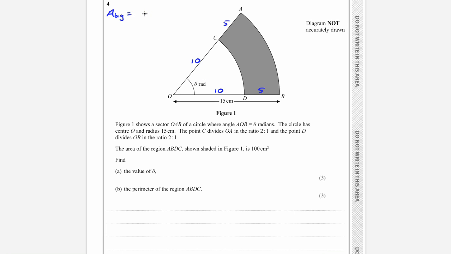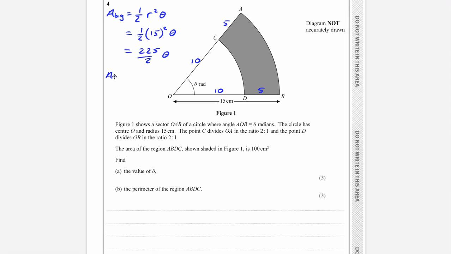The area formula for a sector is a half r squared theta. So the area of the big one is a half times 15 squared times theta. That's 225 over 2 times theta.